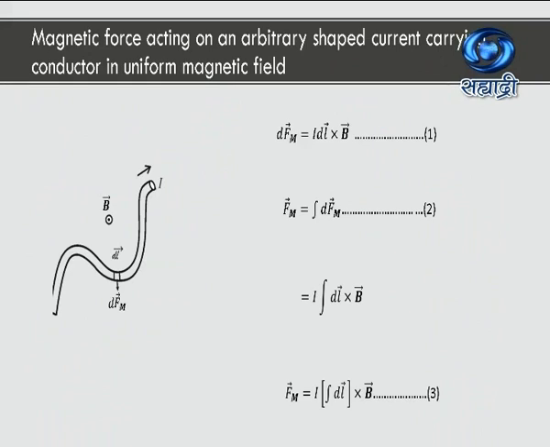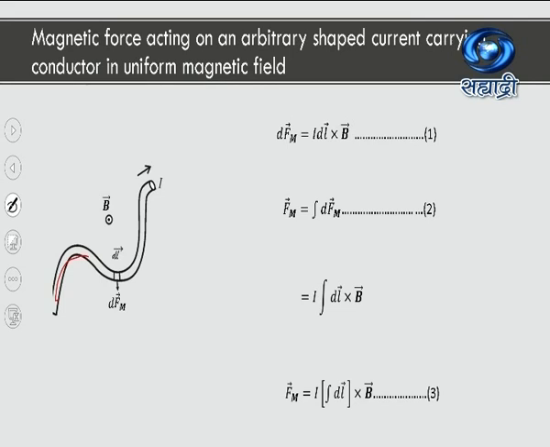Magnetic force acting on an arbitrary shaped current carrying conductor when kept in a uniform magnetic field. Here we can see a randomly shaped wire.